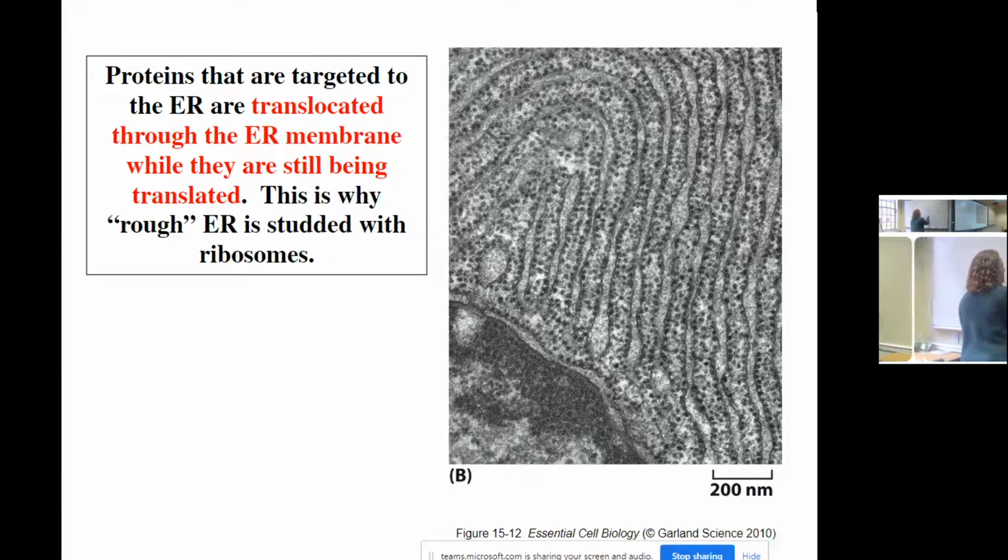If the protein is going to go into the ER or Golgi lumen, so the space inside them, or one of those membranes, it would need to go to the ER first. If it needs to end up in a lysosome, it needs to go to the ER first.